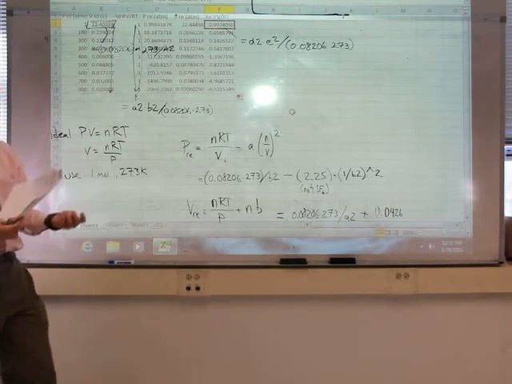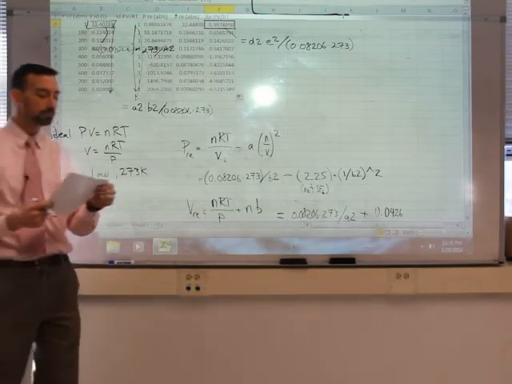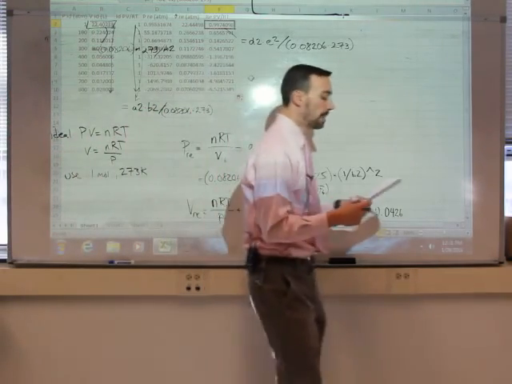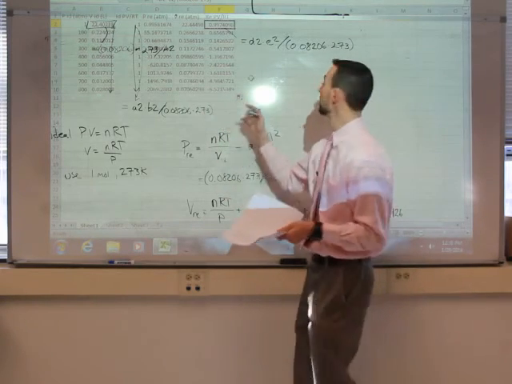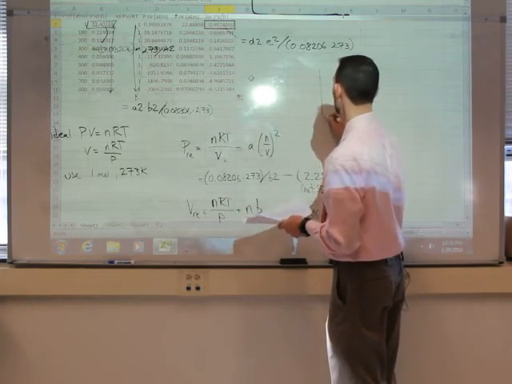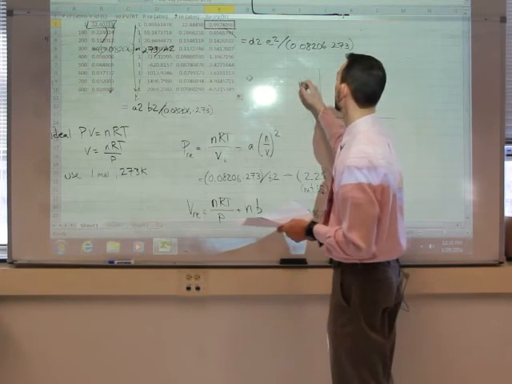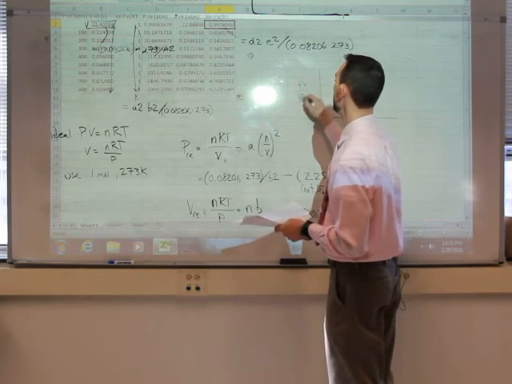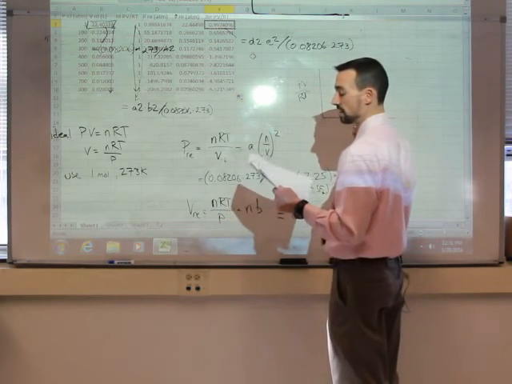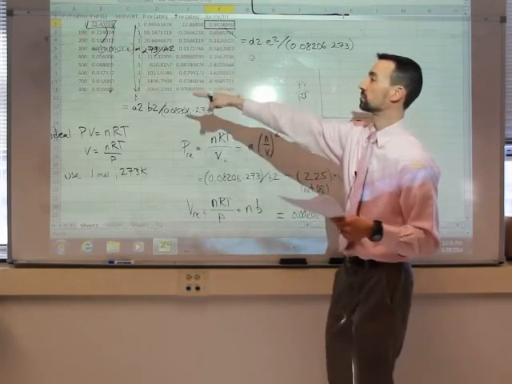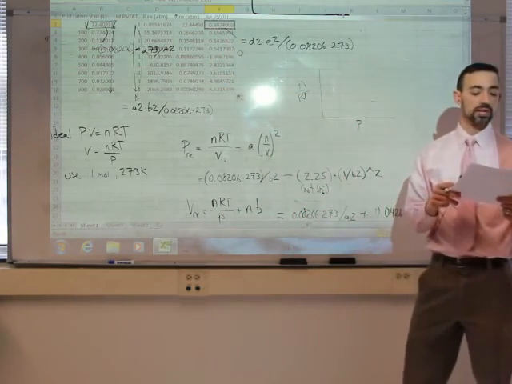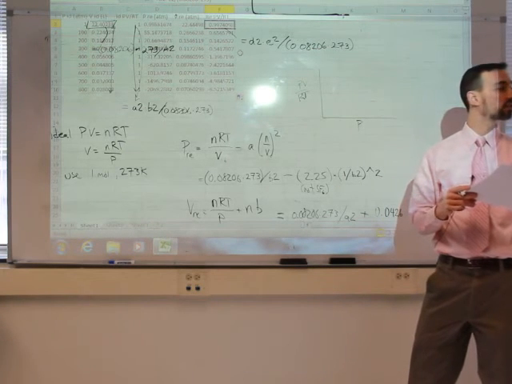All right, we're going to make a graph, a plot, and so we're going to plot the two values that we have. So you actually have to make two graphs, but then you're going to make a graph, and this is similar to what's in your textbook of PV over RT versus pressures. So versus the real or the ideal pressures that you have over in that first column there.